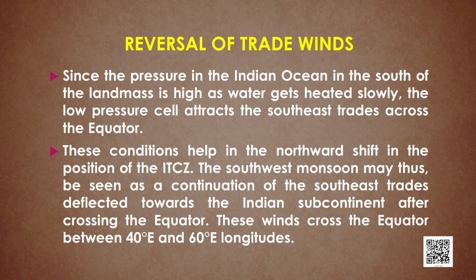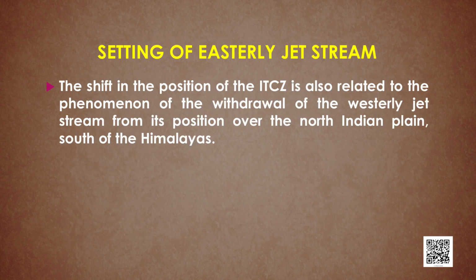Now, the subcontinent offers a special low pressure region. So, this shift is between 40 degrees east and 60 degrees east longitudes, not the latitudes, we are talking about the longitudes.